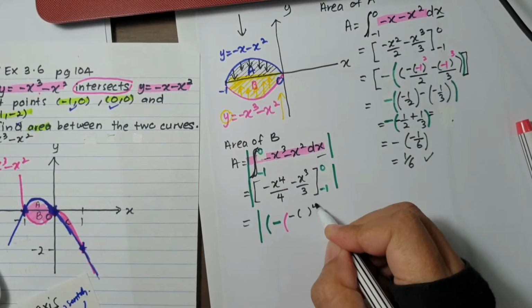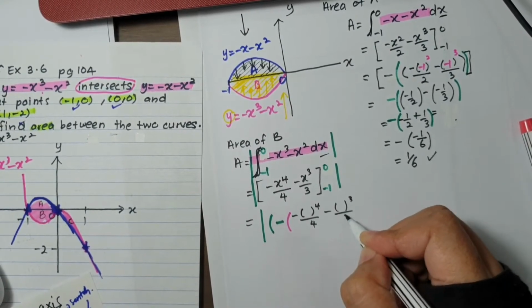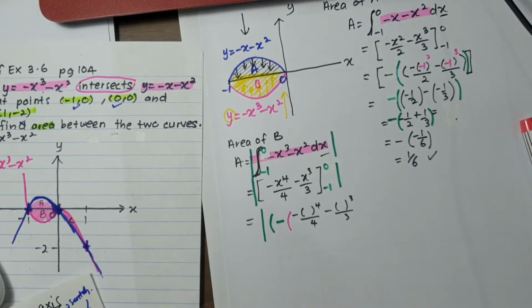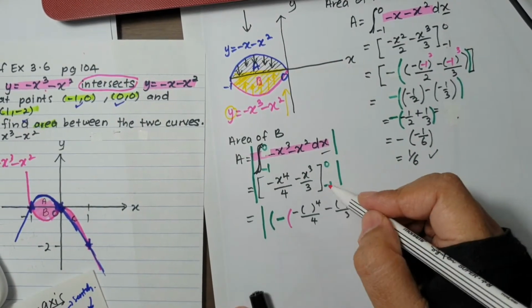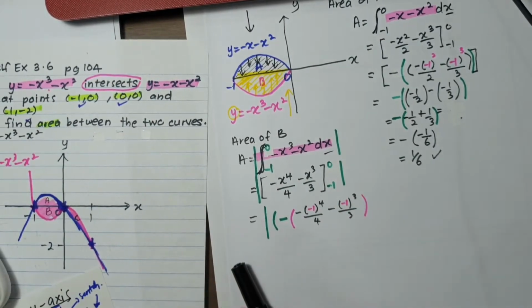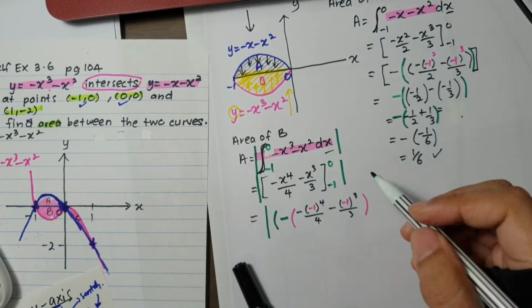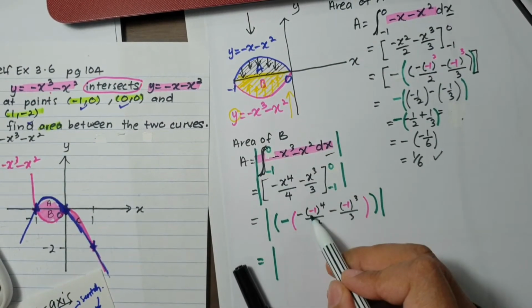Negative x4 over 4 minus x cube over 3. Close bracket. X right now is -1. Close bracket. Now this one you solve.